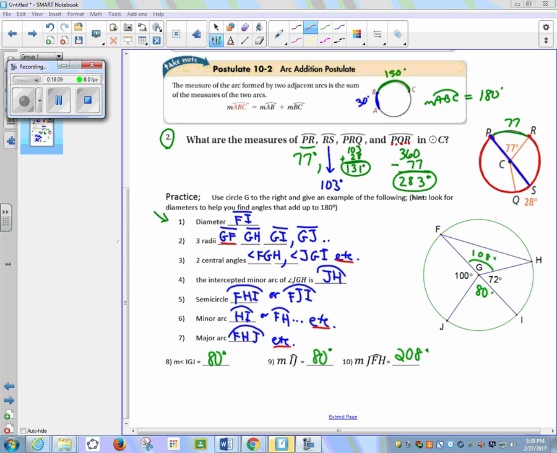You could have FG, HG, IG, JG, etc. And the same with semicircles. You could have it in reverse, IHF or IJF, or you could have IH for this minor arc, or HF, etc. So if it says etc., that means there's more than one answer, or more than these answers listed. And if it doesn't, that means the answer is what it is.